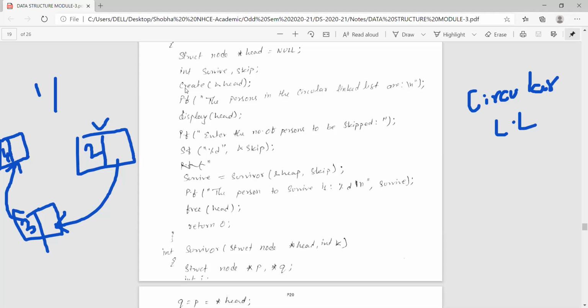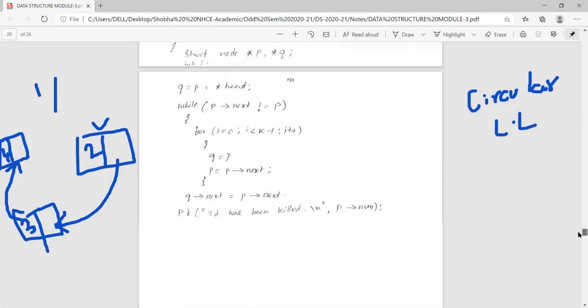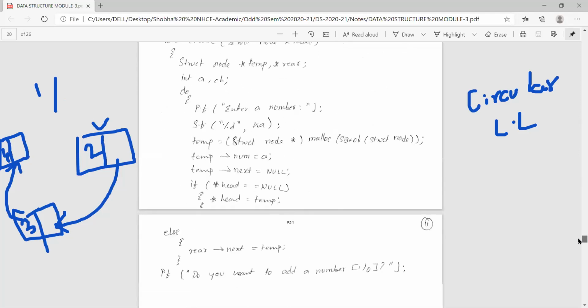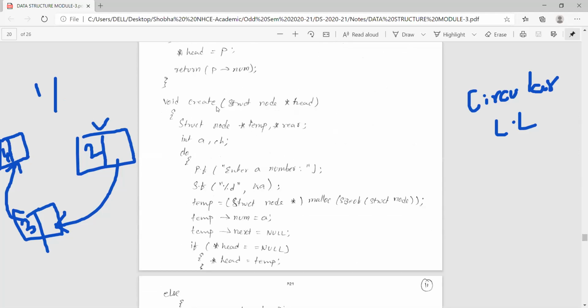Then you call the create function with the address of head. Let us see what is given in the create function.